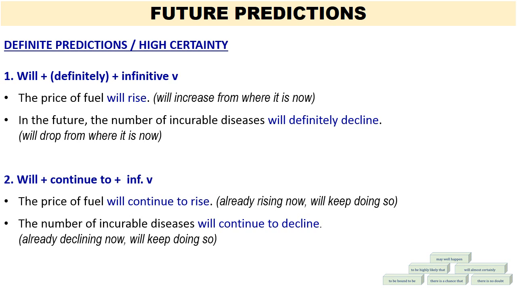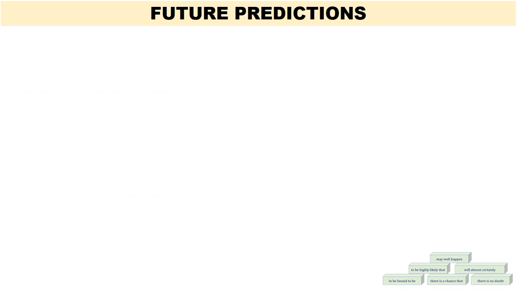So this number is dropping at the moment and it will keep doing so. Will plus continue to plus the infinitive form of the main verb to show that something is going to keep on happening, and we are quite sure that this is so. Let's move on.